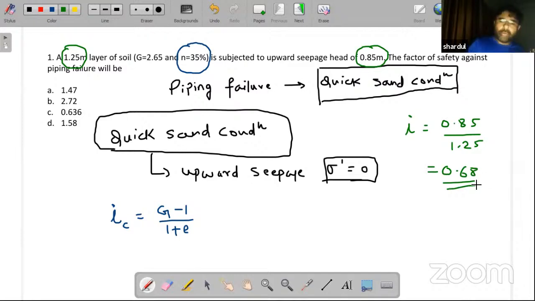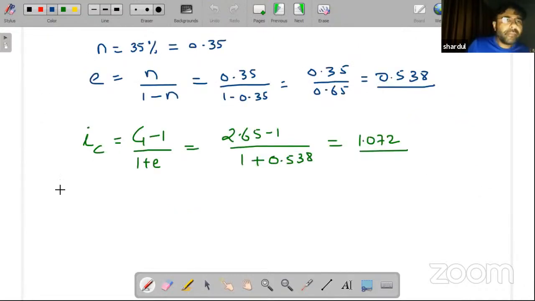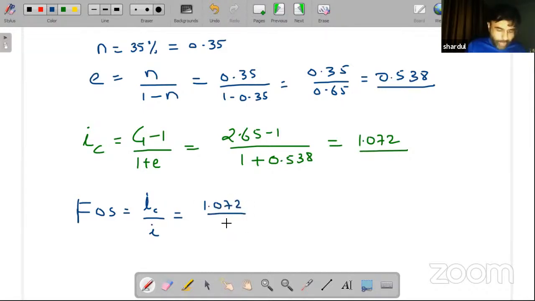Now I can calculate the factor of safety, which is critical hydraulic gradient upon working hydraulic gradient. The critical hydraulic gradient is 1.072 and the working hydraulic gradient is 0.68, so the answer is 1.58.